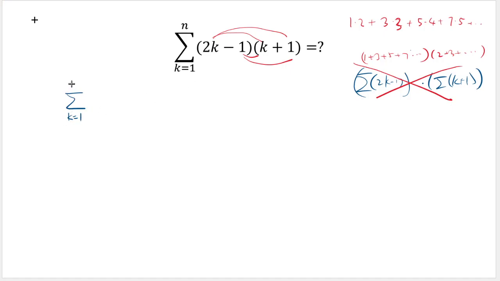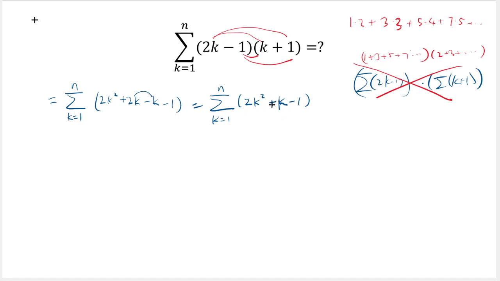So think of it like this. 2k times k is 2k squared. 2k times 1 is 2k. Negative 1 times k is negative k. Negative 1 times 1 is negative 1. And these are like terms, so you end up with sigma of k equals 1 through n of 2k squared plus k minus 1.